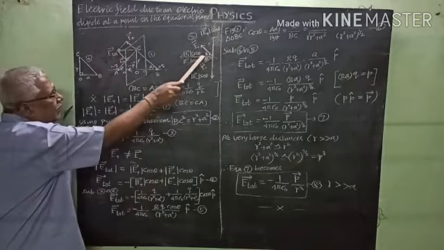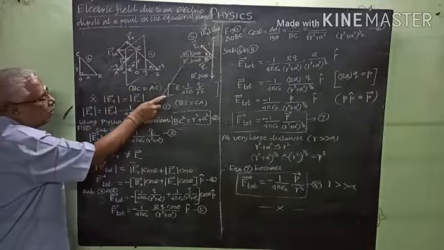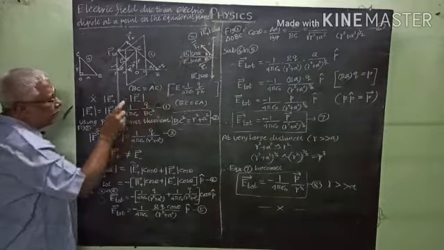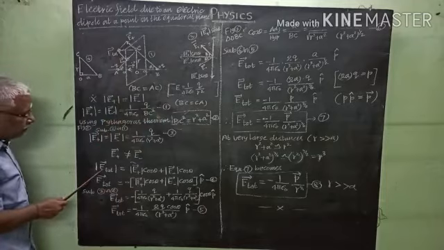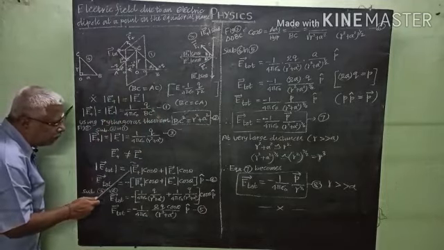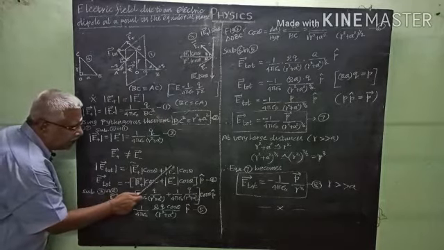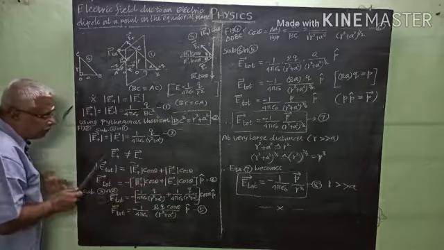They act in the same direction, but in a direction opposite to the direction of the dipole moment. So the modulus of the total electric field vector is equal to modulus of E plus cos theta plus modulus of E minus cos theta. This is the magnitude.